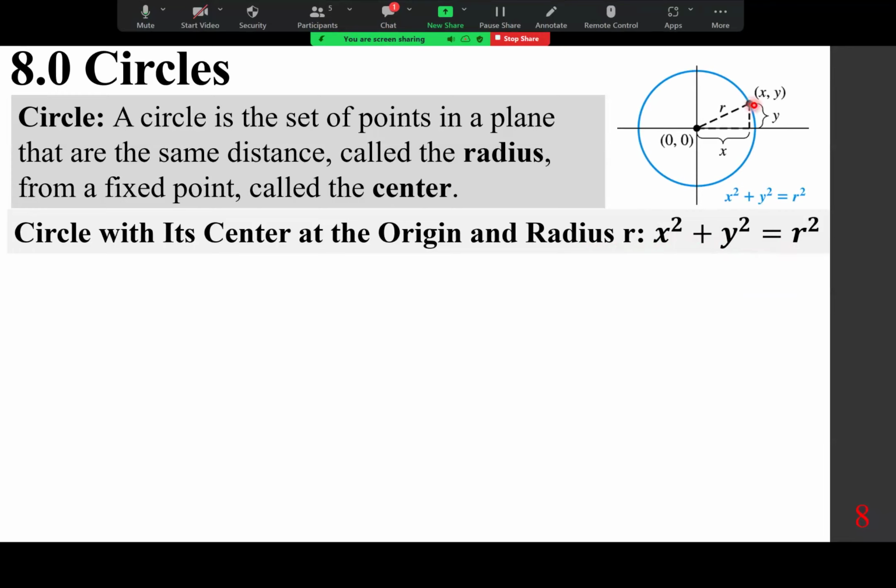If you have this point with coordinates x and y, and you want to find the distance from the center, which is 0, 0, then the square root of x minus 0 quantity squared plus y minus 0 quantity squared gives us the distance. This distance we call the radius, and therefore x squared plus y squared equals r squared.